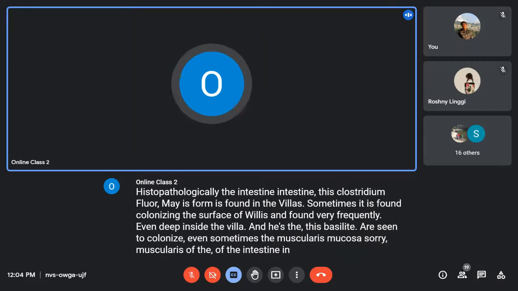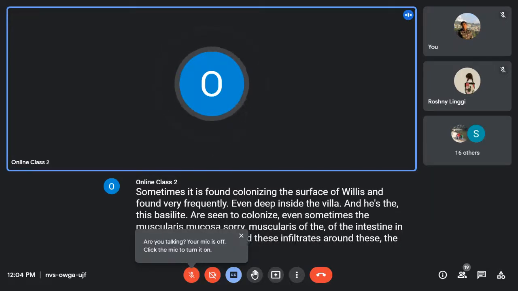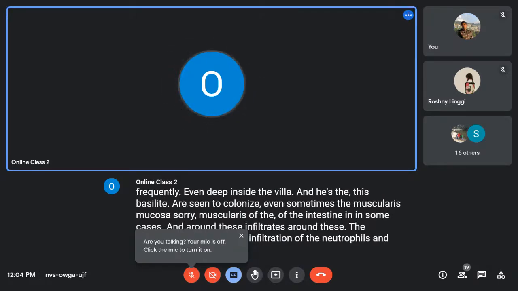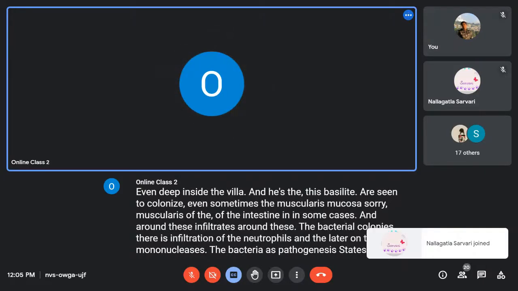Around these bacterial colonies, there is infiltration of neutrophils and later mononuclear cells.